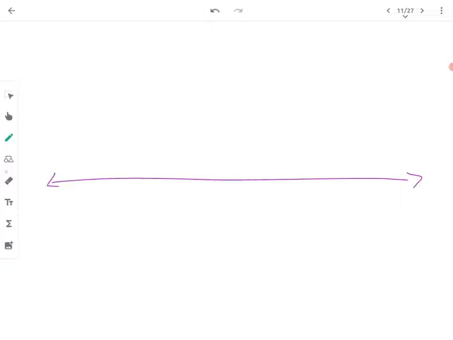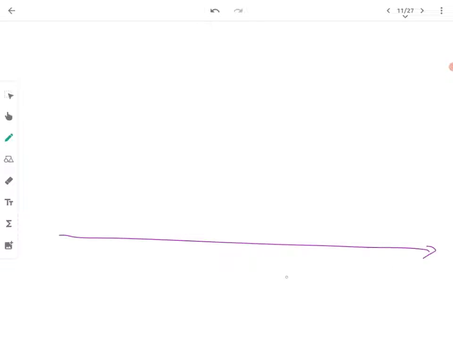Let me just analyze first the graph. I think that's it. So say 2, 4, 6, 8, 10, 12, 14, because there's 12 and 1/4.